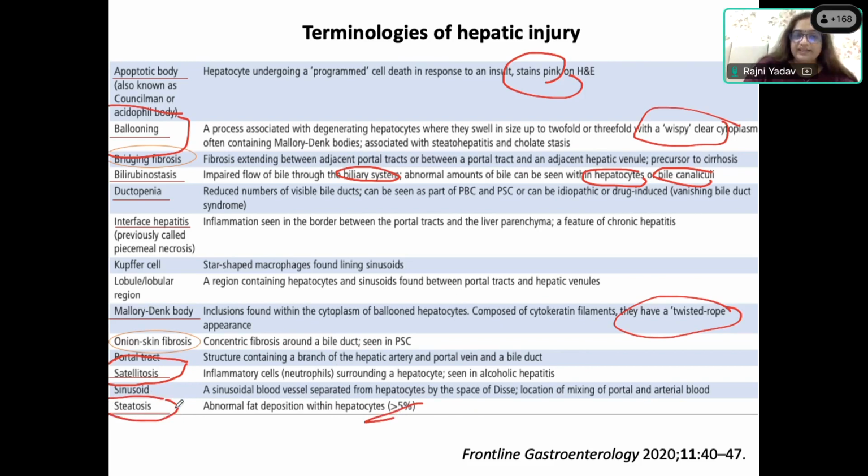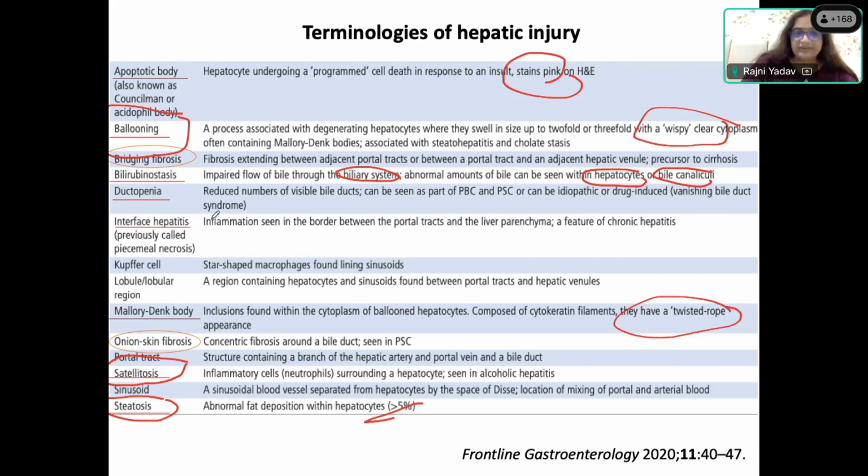Now, this macrovesicular steatosis is further divided into small droplet and large droplet. If there is a large droplet fat, that is large droplet macro, and it displaces the nucleus. There may be a small droplet macrovesicular which may not displace the nucleus.